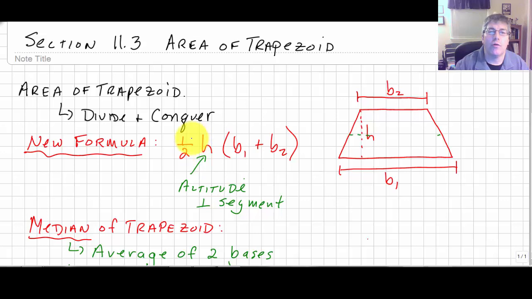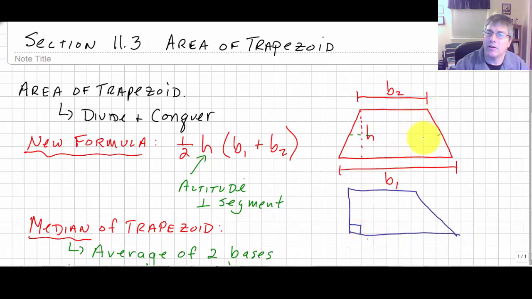So our new formula for the area of a trapezoid is 1/2 height times (base 1 plus base 2). Our bases are parallel segments, and our height, of course, is the altitude, the length of the perpendicular segment. So, if we have a trapezoid that looks something like this, now we have an altitude, that's fine.